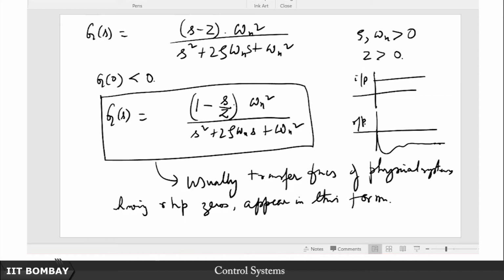So now if it appears in this form, you can clearly see immediately. Of course, this division by z is just a normalization. You can keep the z here if you like, or you can absorb it with this. It's just a constant gain now. So now notice this is going to give you a G of 0 that's positive. You'll see that most physical systems that are designed to respond to inputs in a certain fashion would have a DC gain that's positive, and therefore most physical systems' transfer functions would come in this form.